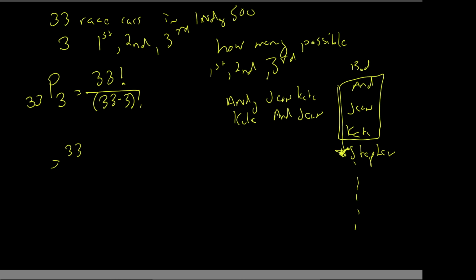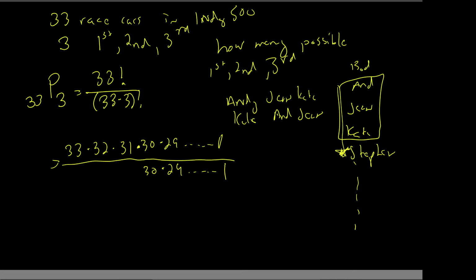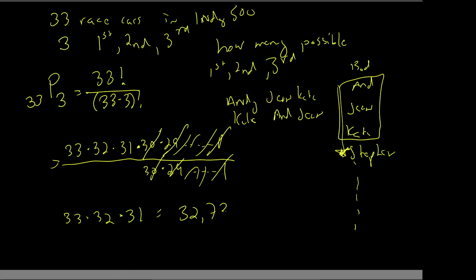And again, this is 33 times 32 times 31 times 30 times 29 all the way down to 1 over, well, 33 minus 3 is 30, so that's 30 times 29 all the way down to 1. These will cancel each other, leaving me with 33 times 32 times 31, or 32,736.